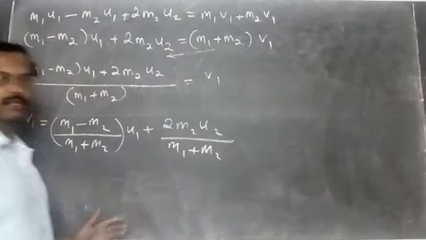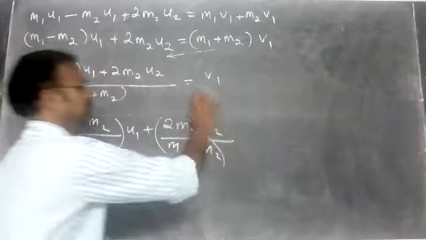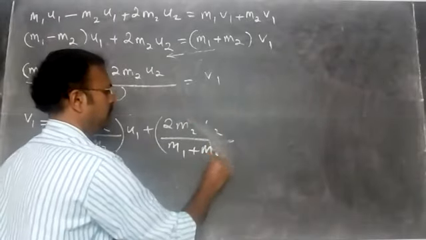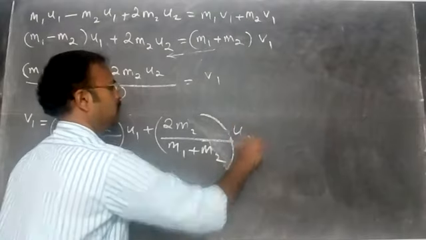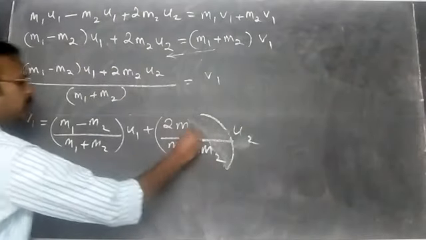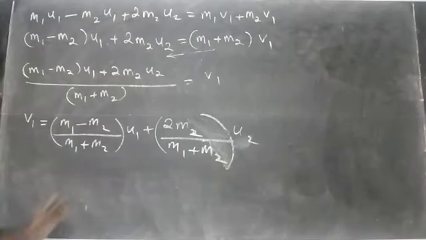This you can also write in brackets like this: u2 times 2 m2 by m1 plus m2.